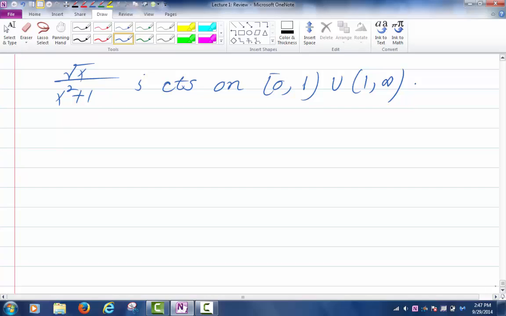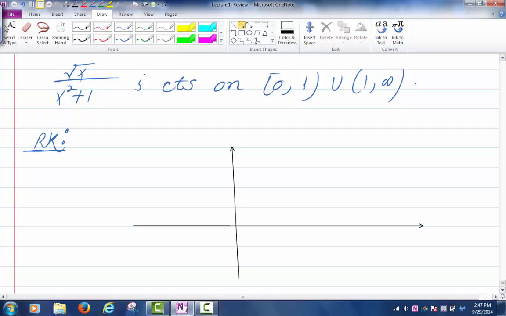Five minutes, huh? Well, I'm going to make a remark here. Suppose that I have a continuous function on a closed and bounded interval. Let f of x be a continuous function on a closed bounded interval from a to b.